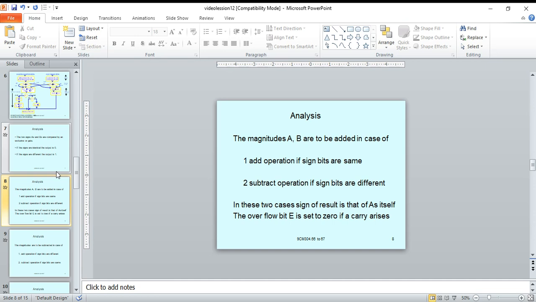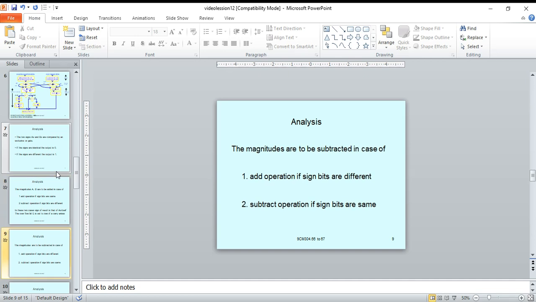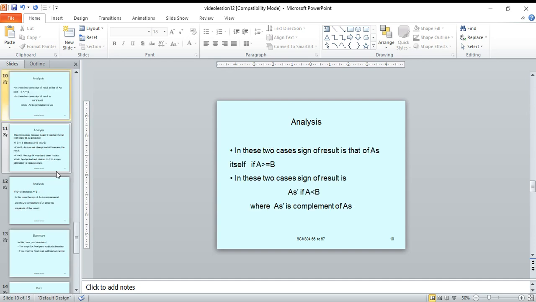The overflow bit is set to 0 if a carry arises, and then the magnitudes are to be subtracted in case of add operation if sign bits are different, and subtract operation if sign bits are the same.